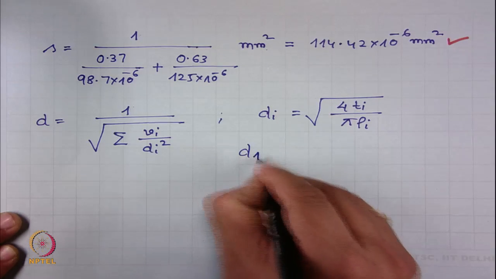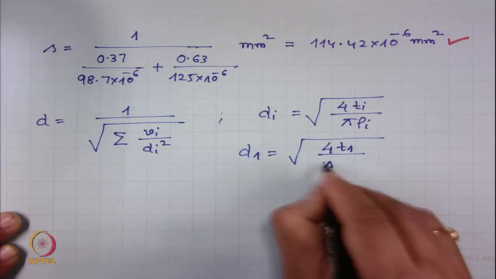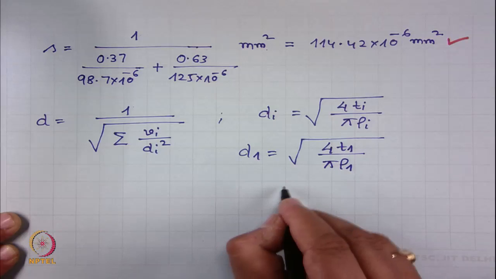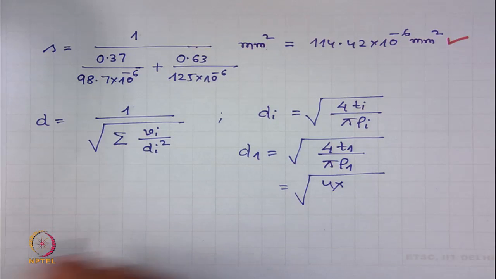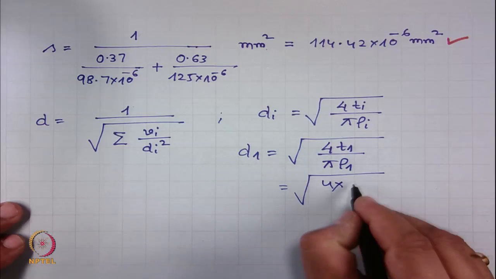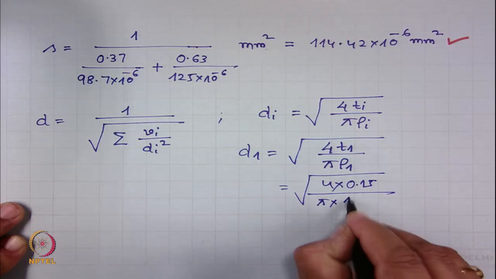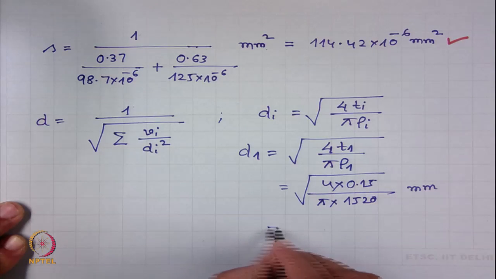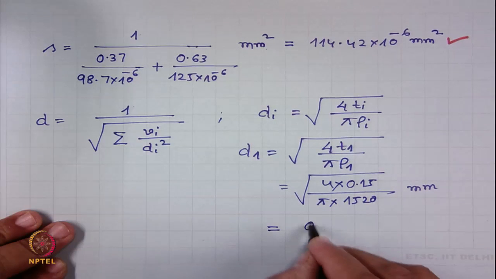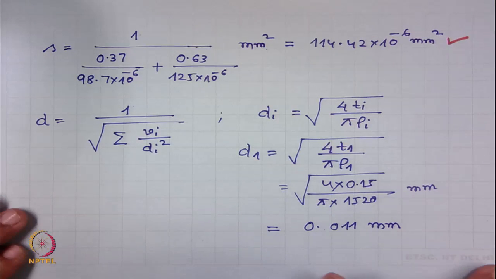Suppose d1 is equal to root over 4 T1 by pi rho 1. So, let us calculate this. What is T1? T1 is 1.5 decitex, so 0.15 tex, and rho 1 is 1520 kg per meter cube. So, this unit will come in millimeter. So, what will be the value of D1? 0.011 millimeter. So, 11 micrometer.